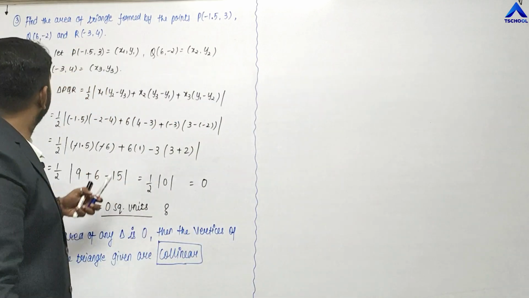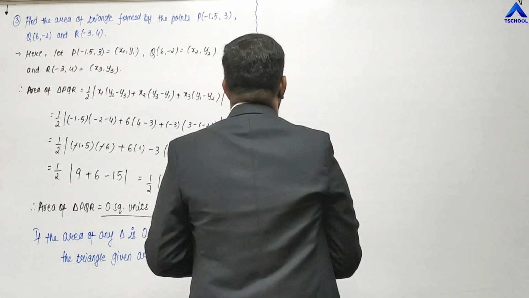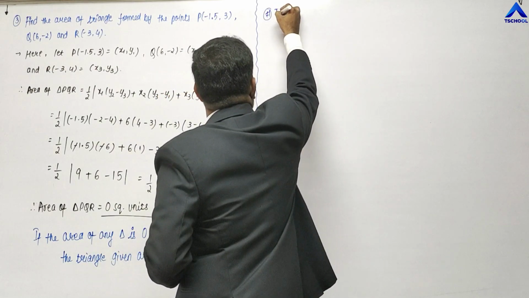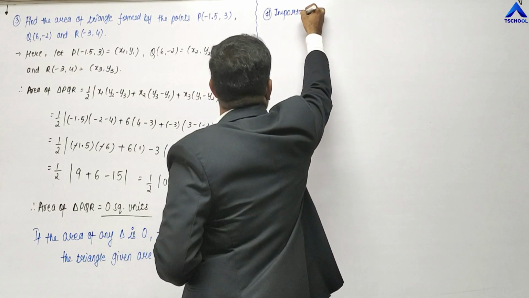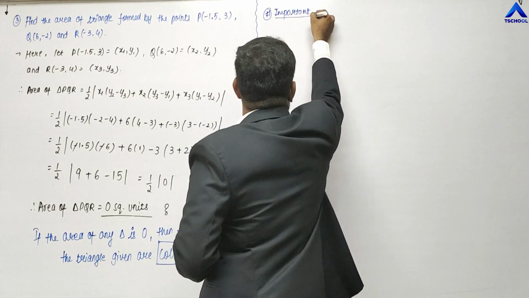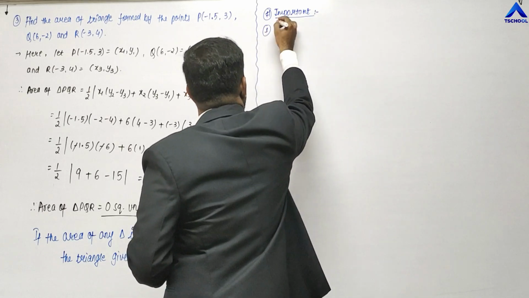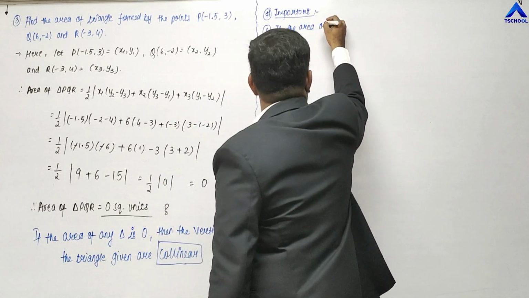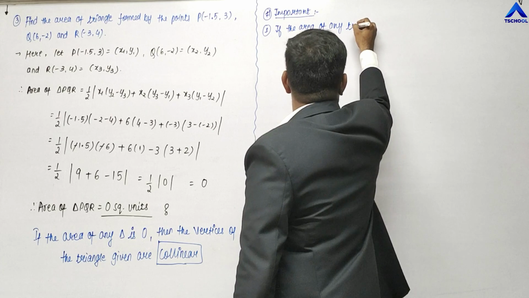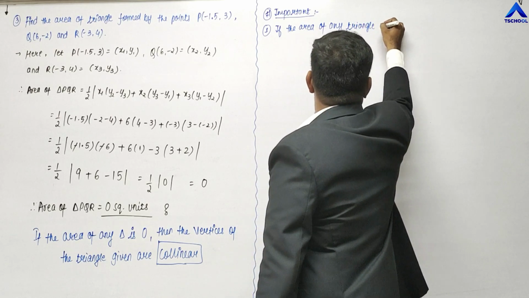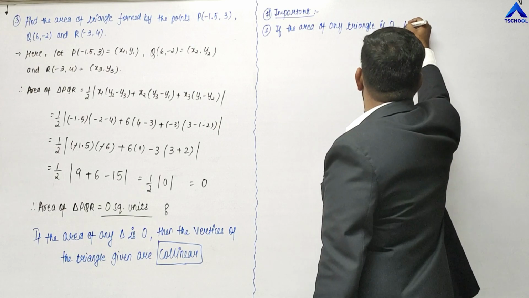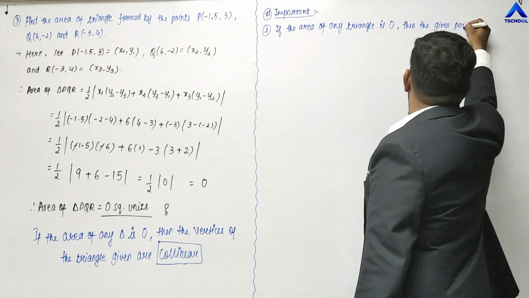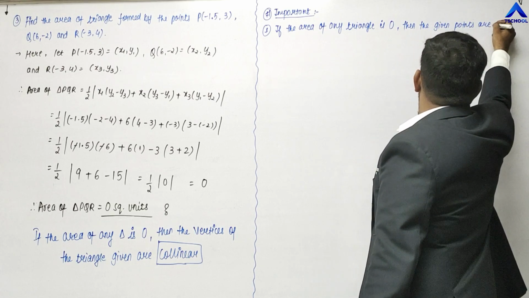Conclusion from this illustration number 3, or question number 3: if the area of any triangle is 0, then the given points are collinear.